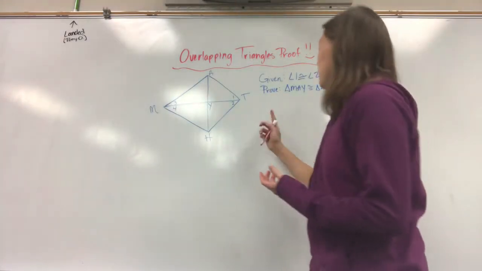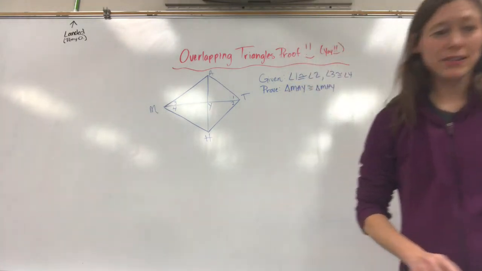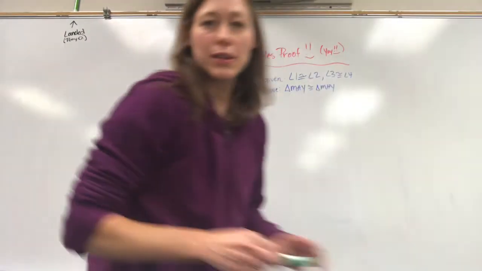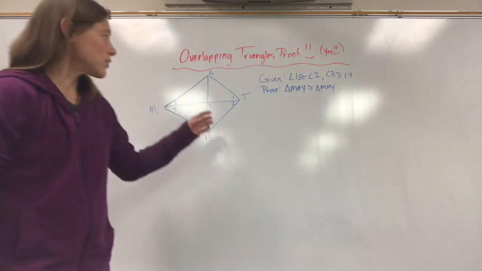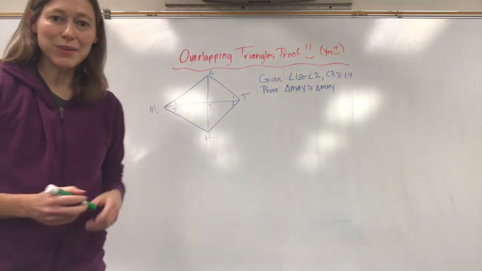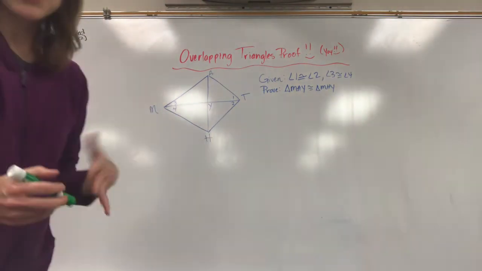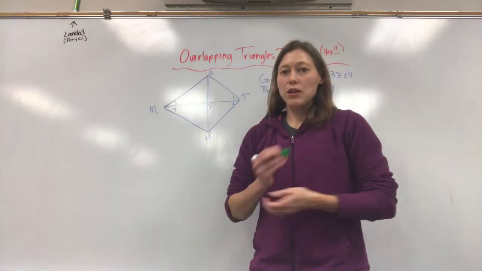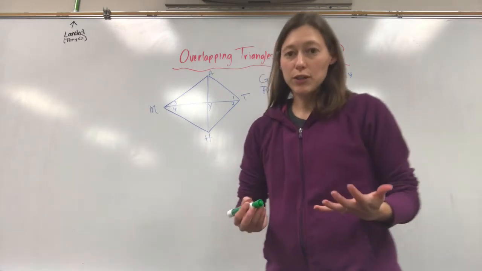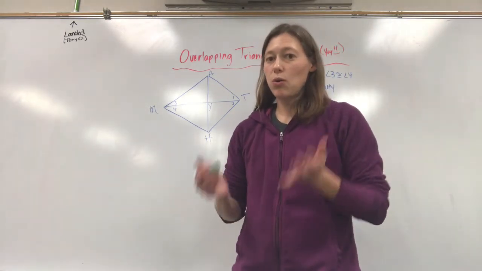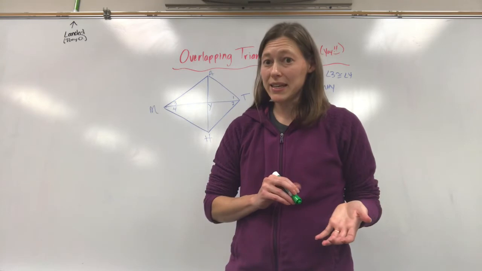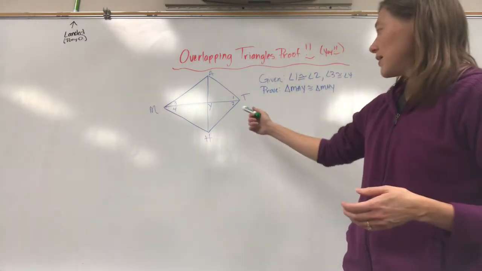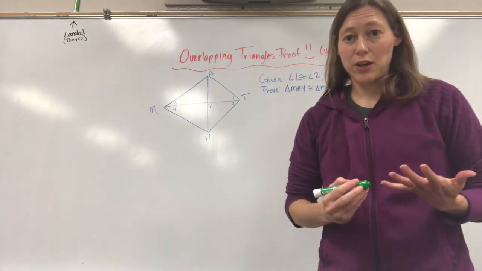This brings us to our last concept, which is the overlapping triangles proof. Doesn't that sound super fun? Okay, so for an overlapping triangles proof, sometimes you have to prove that two different triangles are congruent in order to use CPCTC to find the other triangles that are congruent.